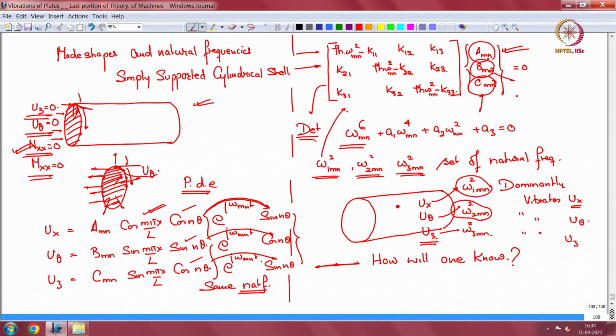So you will have CMN by AMN, BMN by AMN for the omega 1 mn set of natural frequencies. Now if you find that this value is small and this value is small, then AMN is larger, which means these are dominantly axial, or x direction.